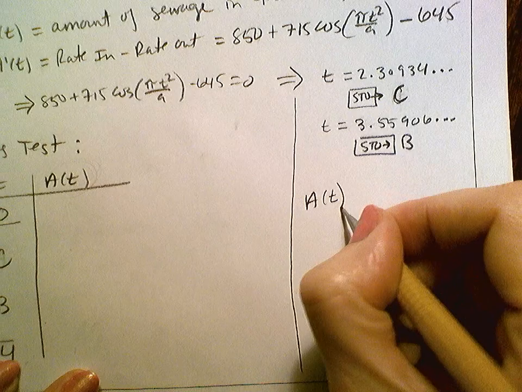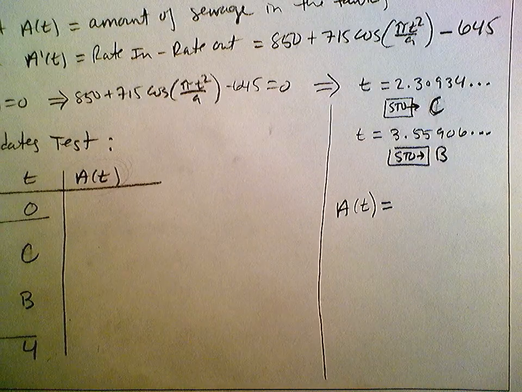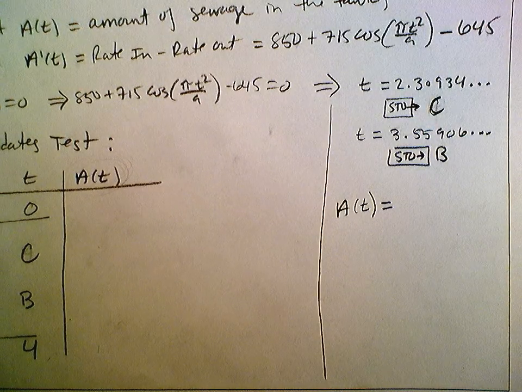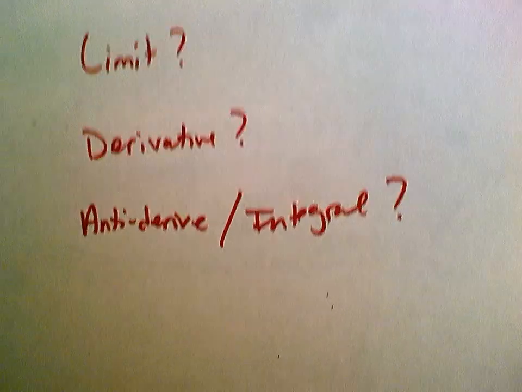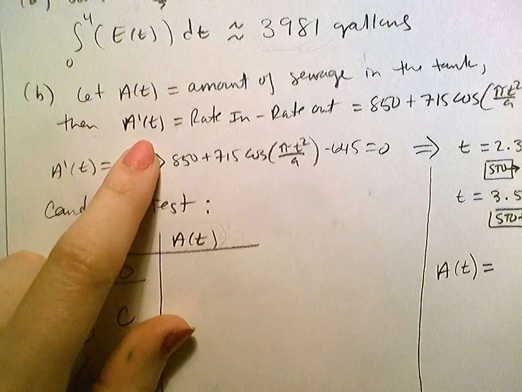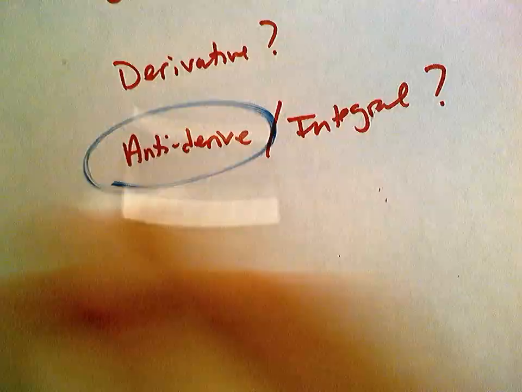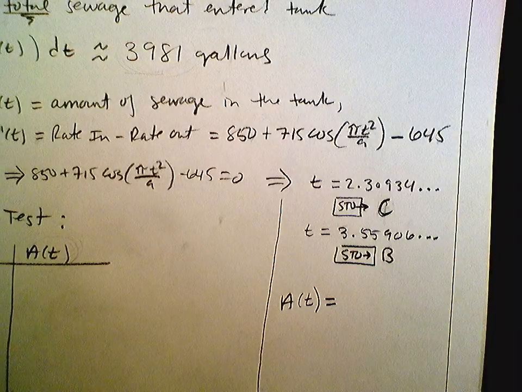A of t is going to equal limit, derivative, or antiderivative. Well, I already know A prime. Okay, so this is A prime. So what I want is the antiderivative. And we're going to use an integral to get it.